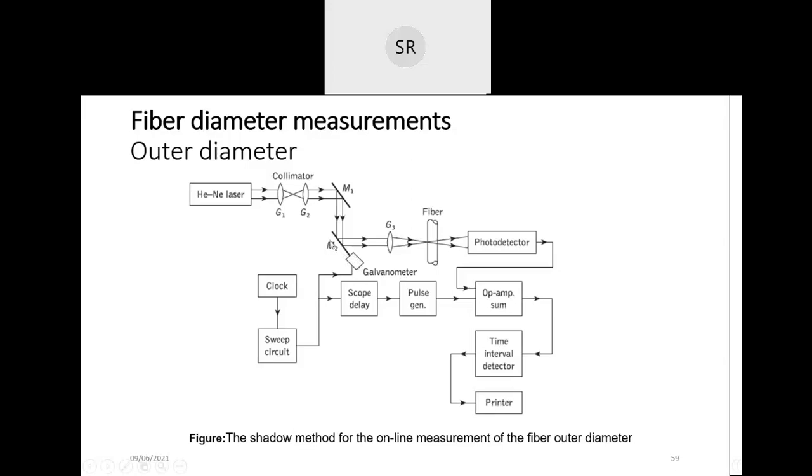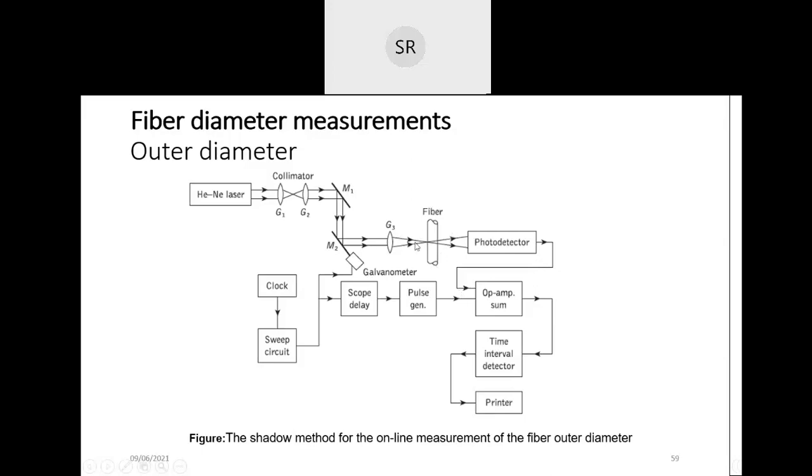Lens C3 is used to focus the light on the fiber. After that, we have the photo detector, where the light is incident.